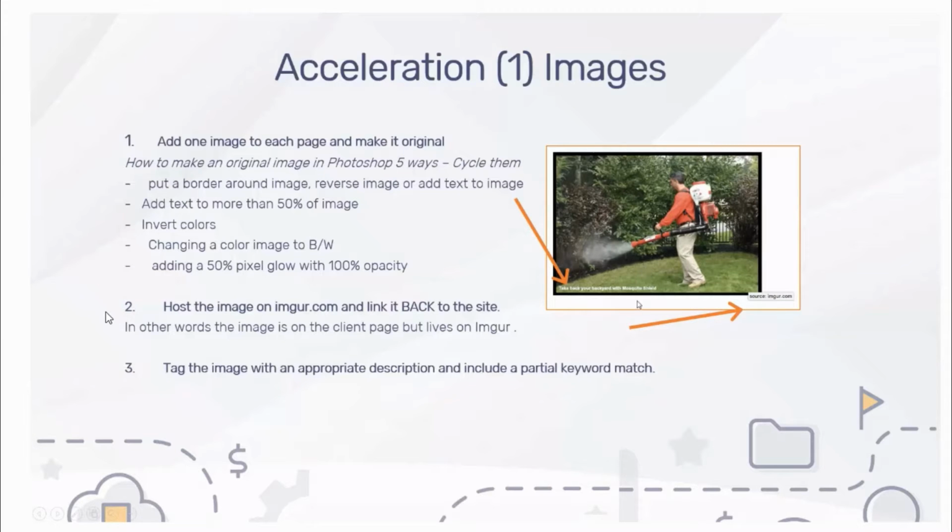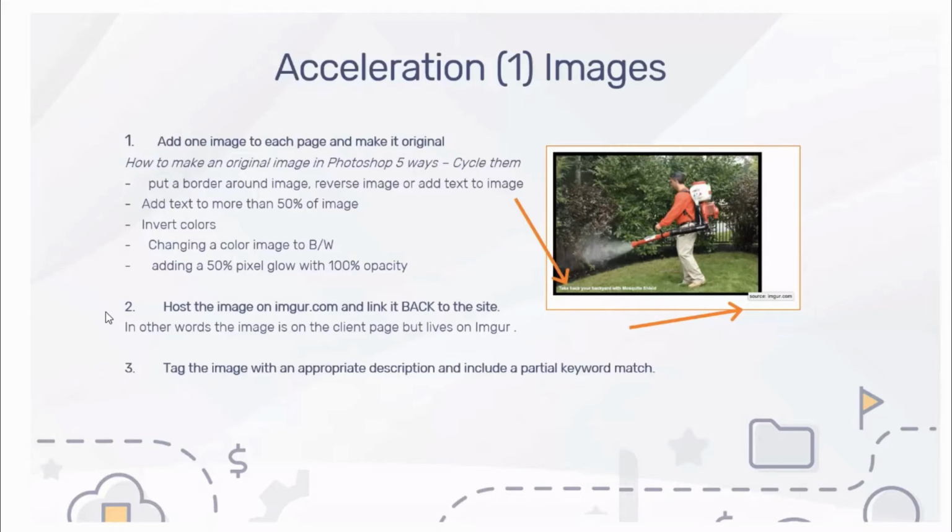But in addition to it, they will take the image to make it unique. They will download it from the website, add a black border to it, add text to it that is relevant to the image and relevant to the page the image is on. So for example, tick spray Buffalo, right?